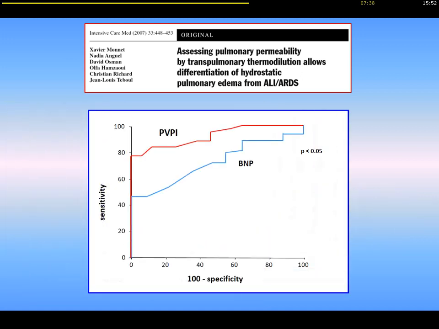And it was better than BNP. You know BNP, this famous biomarker which is used every day in every department. In fact, PVPI is better than BNP to detect hydrostatic pulmonary edema.